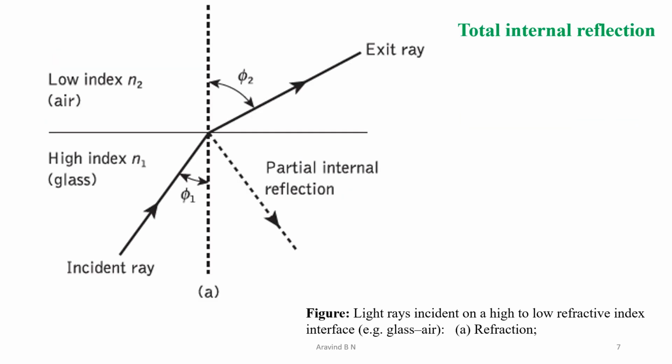Now let us get a clear understanding of the critical angle as well as total internal reflection via diagrams. We are going to have three different diagrams, and this is the first of them. Try to understand this diagram clearly. High index N1 refers to the high refractive index.